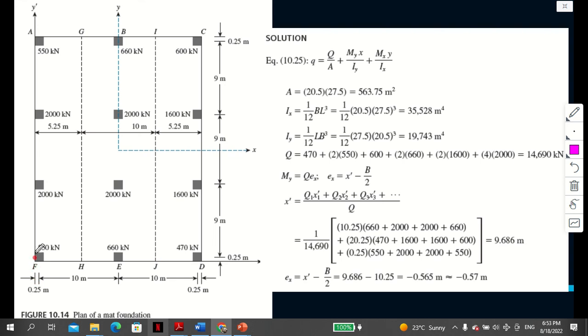Now F is at the edge, at the final edge of the mat foundation.